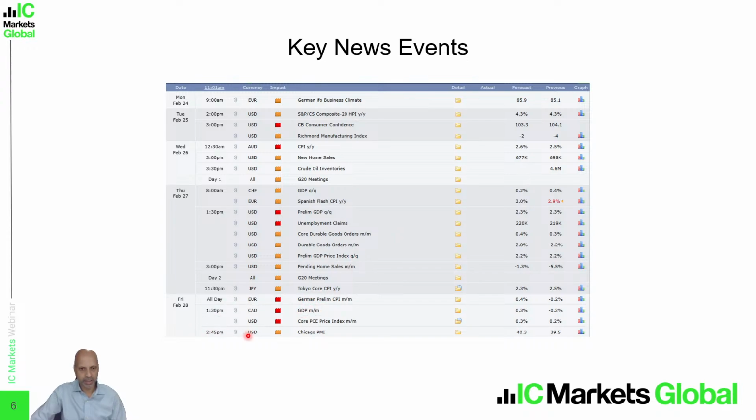And finally on Friday, not only do we have Canadian GDP data, and Germany's CPI or consumer inflation data, we also have the PCE price index, which is the Federal Reserve's preferred gauge of inflation.